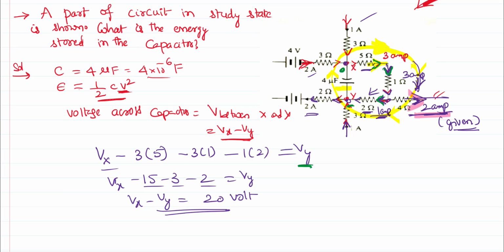So the potential difference across these 2 points is 20 volts, which means the voltage across the capacitor is 20 volts.